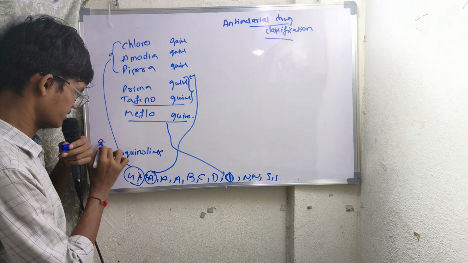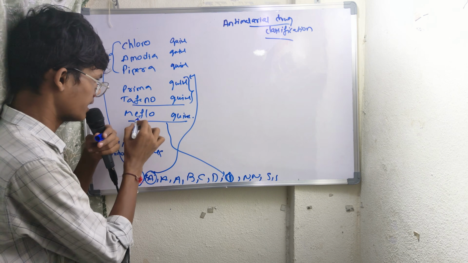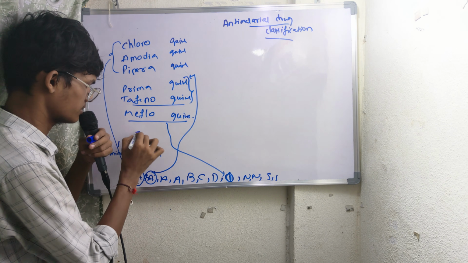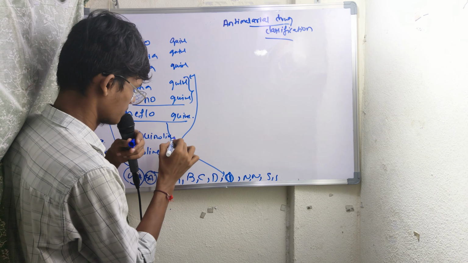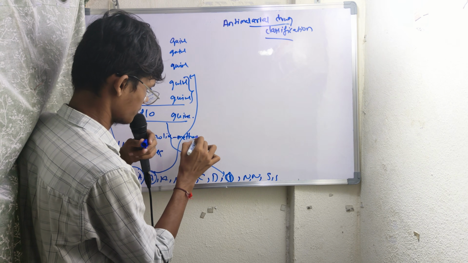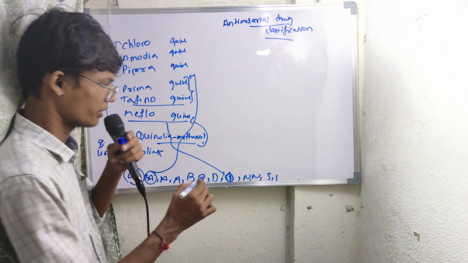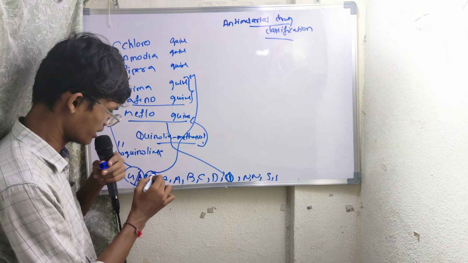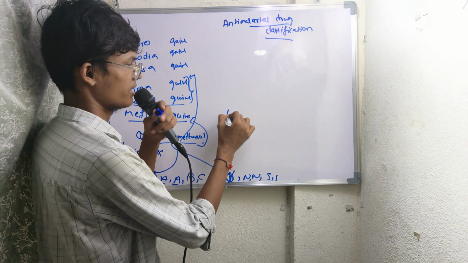Here this is 8 amino quinoline, same, only the number is changing, and this mefloquine is for Q, that is quinoline methanol. Okay, for this we have mefloquine.